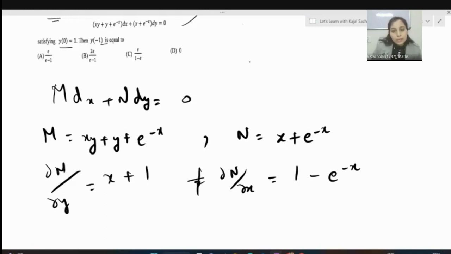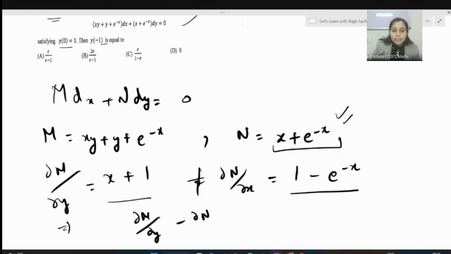But we can see from here that if we subtract these two, we get something like this. So dividing by this, we may have a function of x or a function of y. Let's try. We are subtracting partial N by partial x because we want N in the denominator.